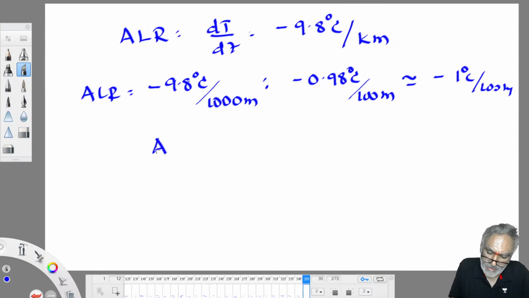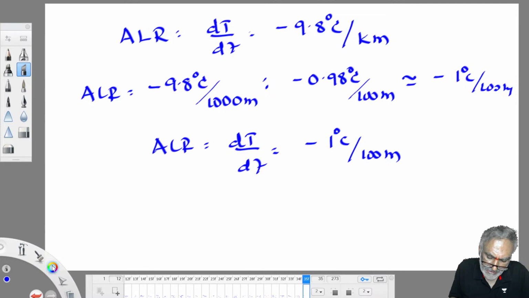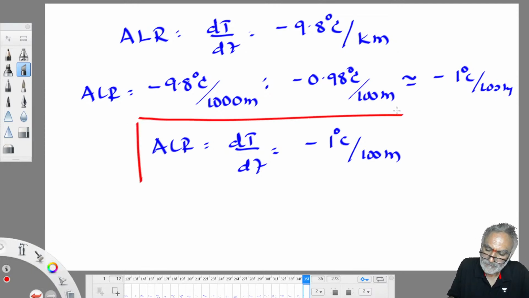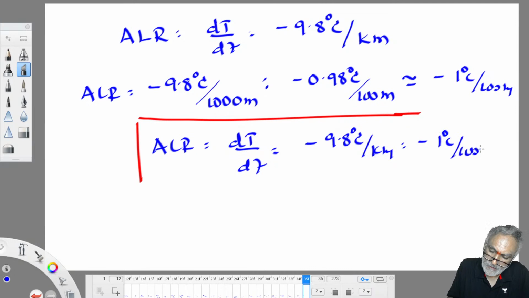So ALR means the dT by dz value is minus 1 degree Celsius per 100 meters, or 9.8 degrees Celsius per kilometer. Understood? It is approximated as 1 degree Celsius per 100 meters. So it's always constant.